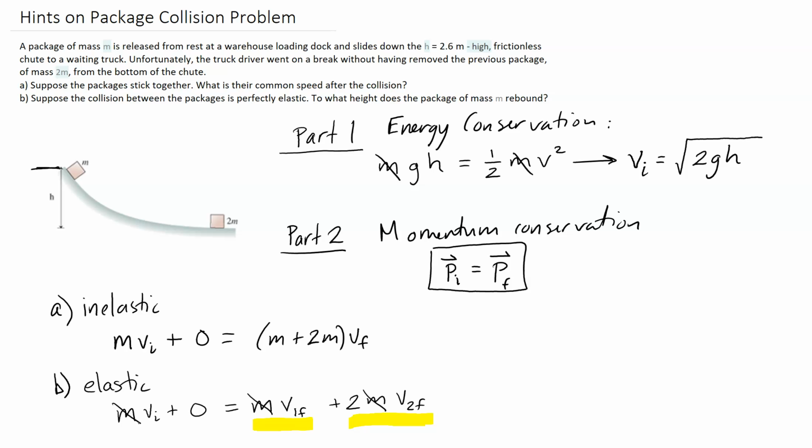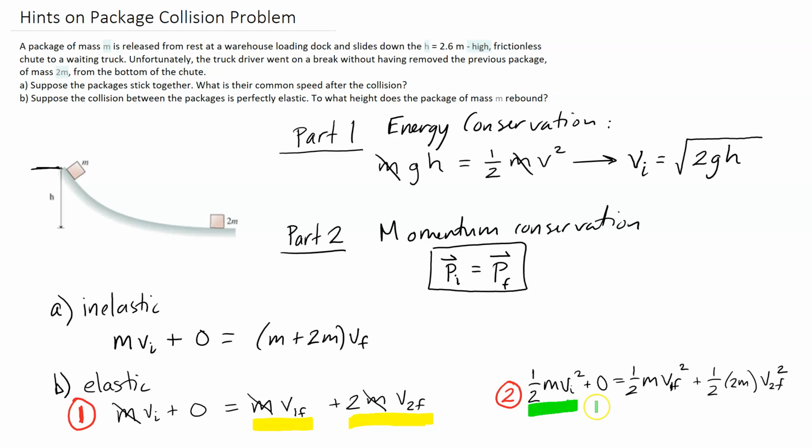Let me show you the second equation that we can get from a kinetic energy conservation problem. Here's the other equation that we have, and in red I've drawn equation 1 and equation 2. Those aren't numbers in the equations, those are just the numbers of the equations. Now I've got kinetic energy of the first one plus the kinetic energy of the second one, which of course is 0, so that's the first package, here's the second package.